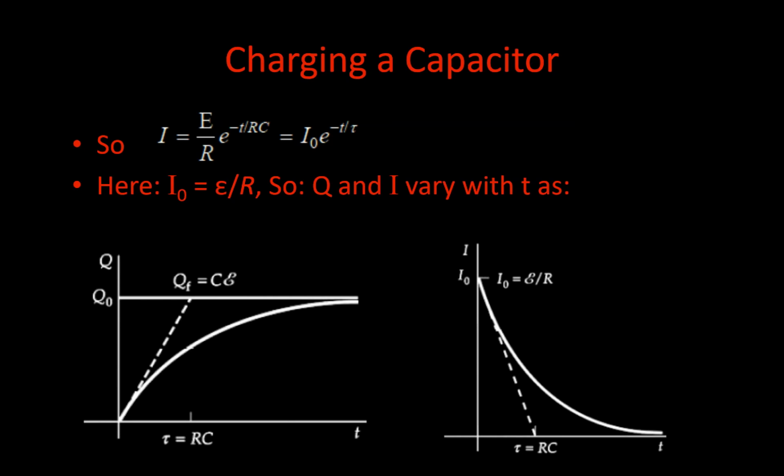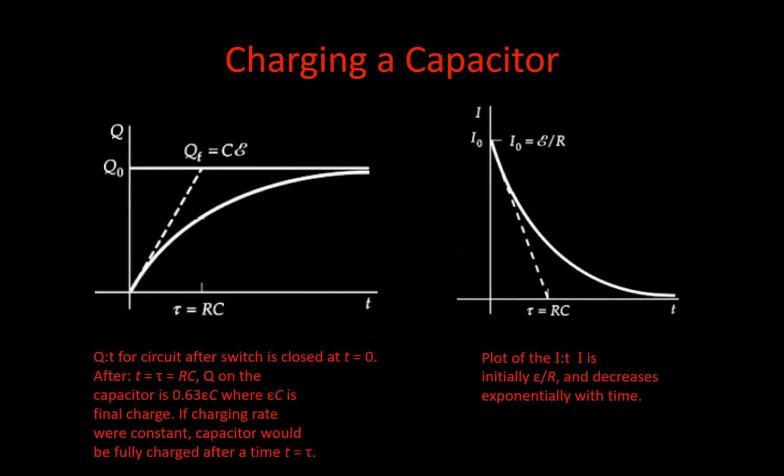I versus T has an exponential decrease in both cases. And that's what we're really talking about with the charging of a capacitor. Q starts off low and eventually saturates, filling the plates, resulting in a reduction in current, both of them exponential. One an increase, one a decrease.